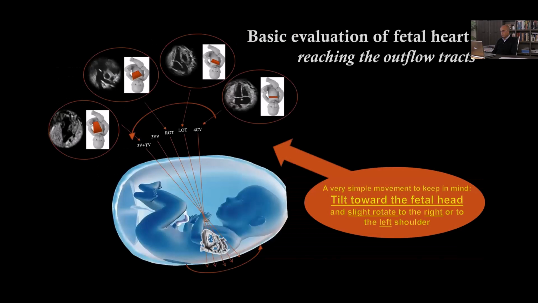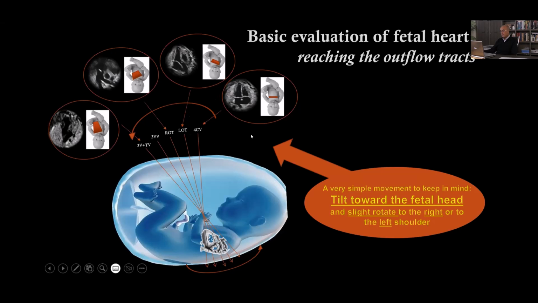So starting the examination of the fetal heart, I want to give you this message. Keep in mind this very simple movement. Tilt the transducer from the four-chamber view toward the fetal head. In this way, you can get all the main scanning planes of the fetal heart.